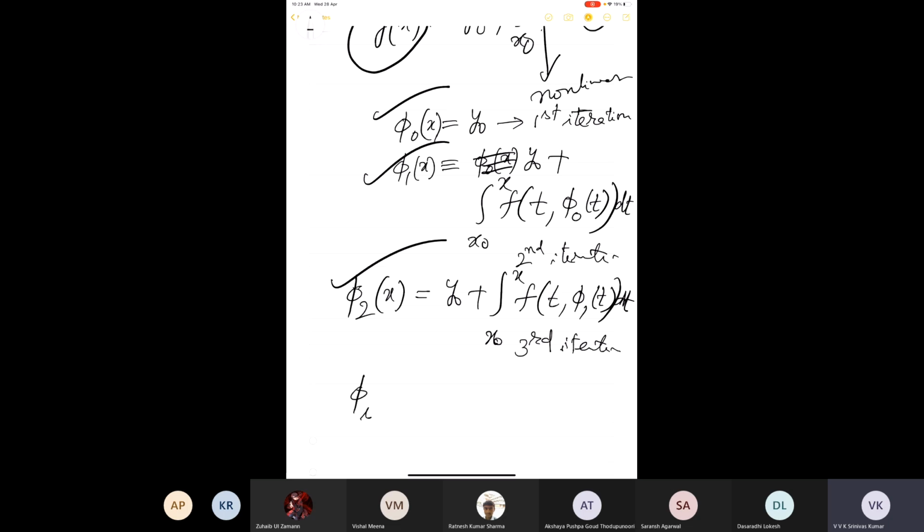And finally, in general, the i plus 1th approximation is equal to y0 plus the integral from x naught to x of f of t, phi i of t, dt. Now the question is, will these phi n's converge?